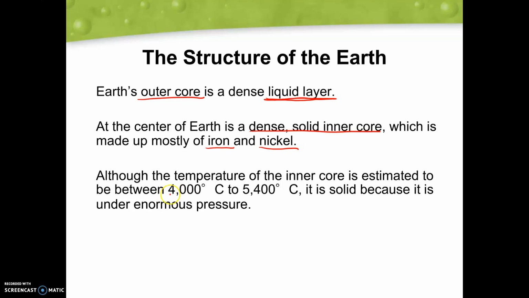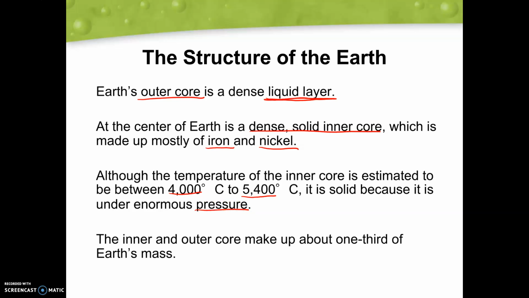We can see it around 4,000 or 4,500 degrees Celsius. And because it's solid, we see a lot of pressure in the center of our Earth here. The inner core and outer core make up about 1/3 of Earth's mass.